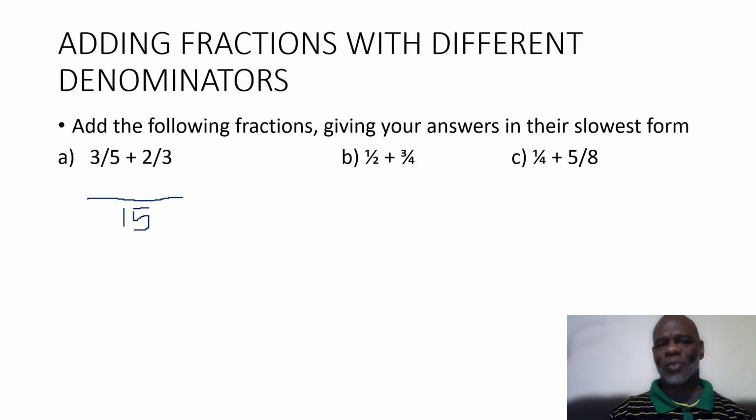Then we say we're going to now divide the LCM by the denominators one by one, all right? So we divide the LCM, this 15, by 5, and then we multiply that by the numerator.